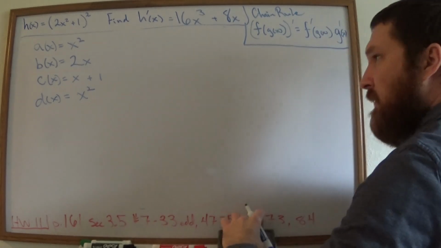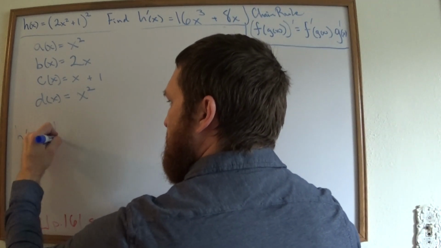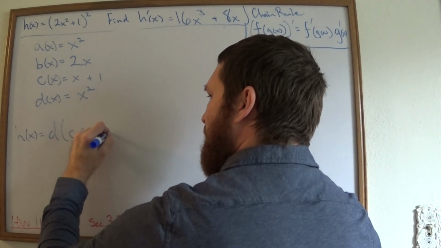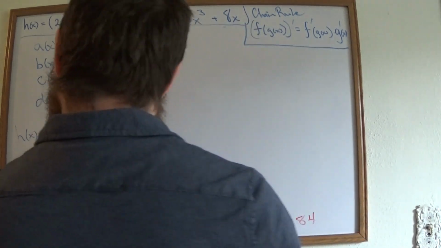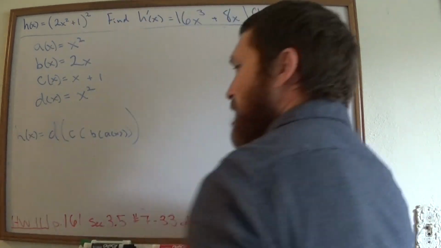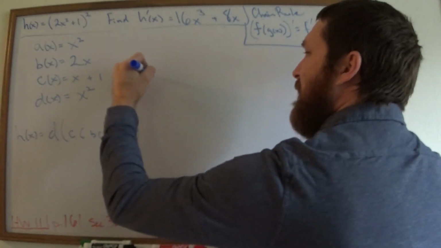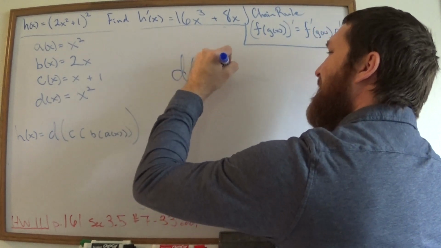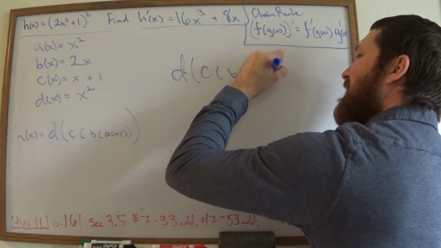My claim was that h of x is d of c of b of a of x. Okay, let's check it: d of c of b of a of x.